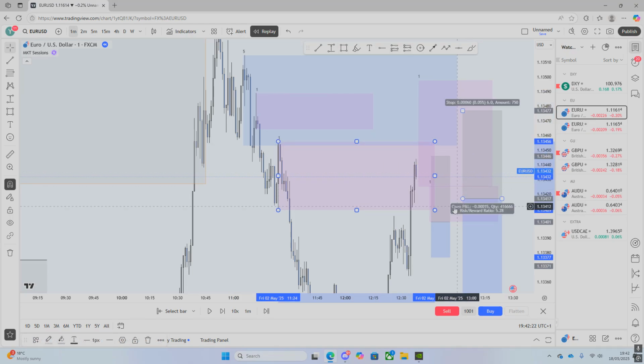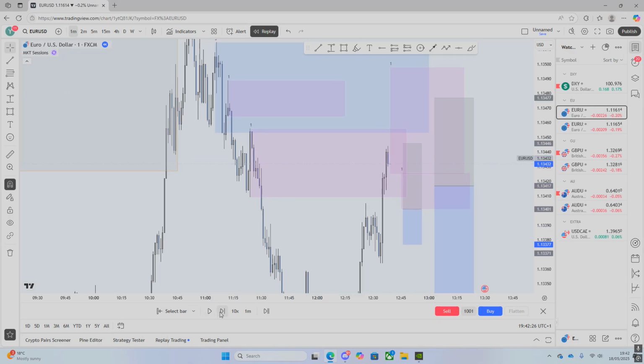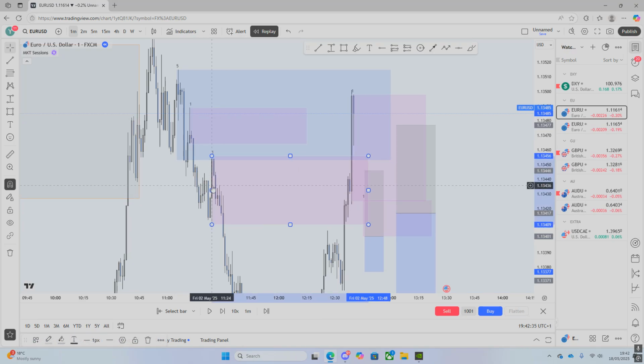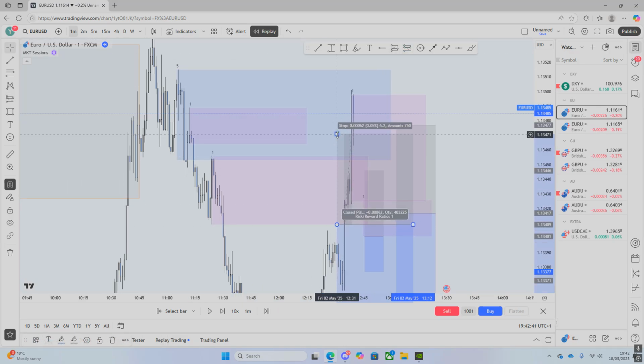Now I have to wait for another one because it didn't touch this. And as you can see, it destroyed this. This is why this rule is good. Because if I entered right here, I would have lost the trade. Basically, this would have destroyed me. I lost.